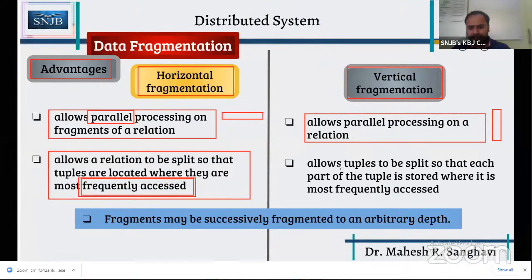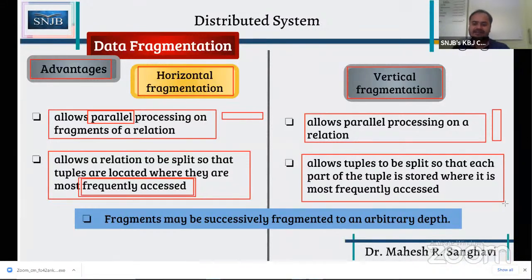Now in case of vertical fragmentation, it allows tuples to be split so that each part of the tuple is stored where it is most frequently accessed. For example, your entire detailed data, means your name, your address, your phone number, your mother's name, your father's number, is available with the college.